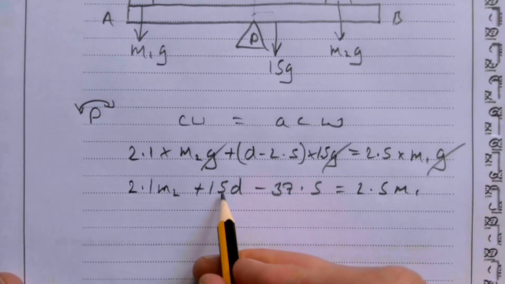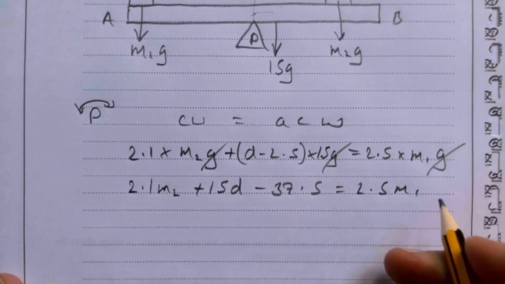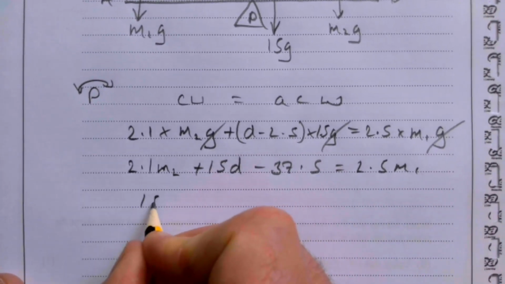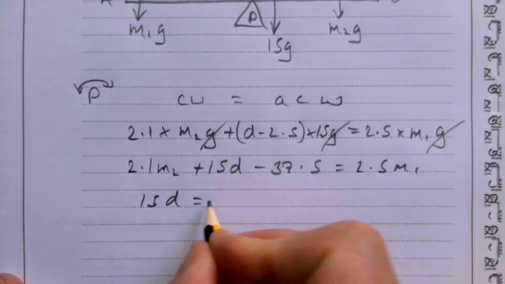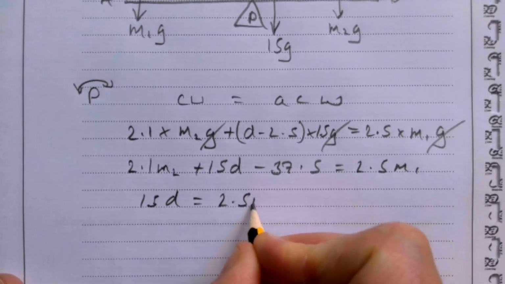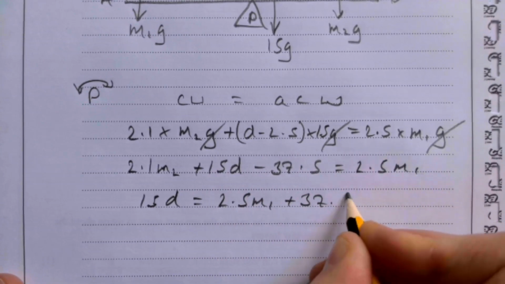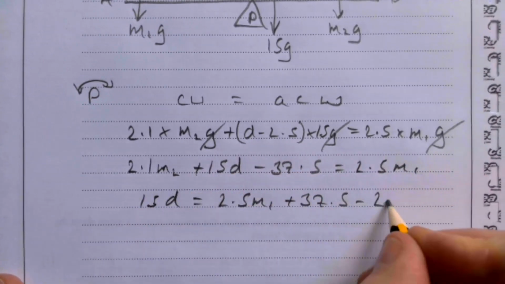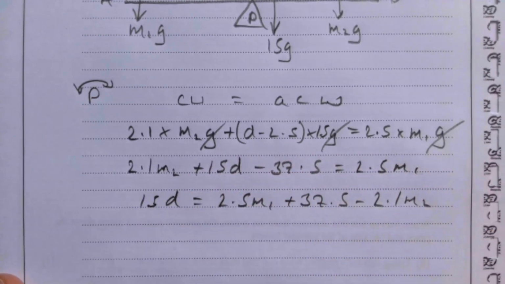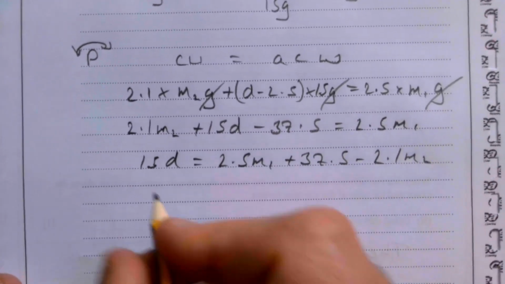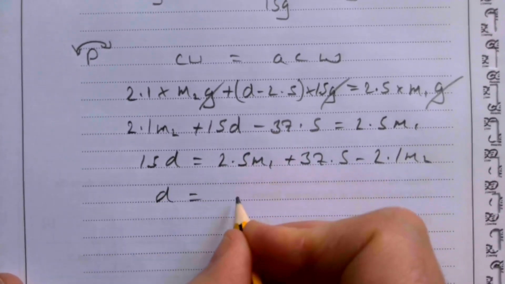We want the d on its own, so I'm going to take these two over to this side. So my 15d is equal to 2.5 m1 plus 37.5 minus 2.1 m2. Now divide by 15.